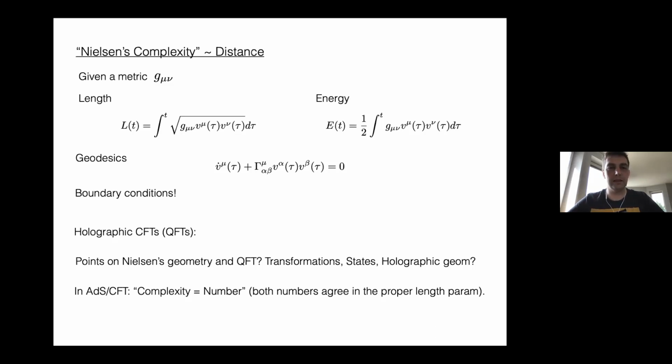The problem of solving the geodesic equation may be simpler or more complicated depending on our choice of the metric. But that's not the whole point of the complexity program.